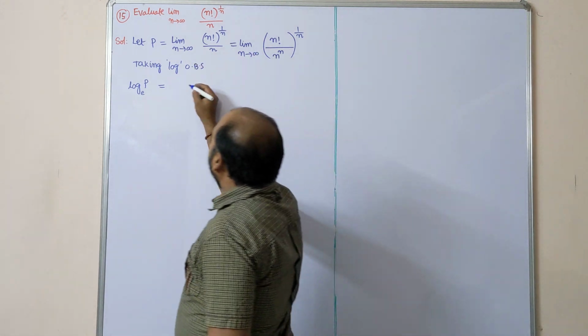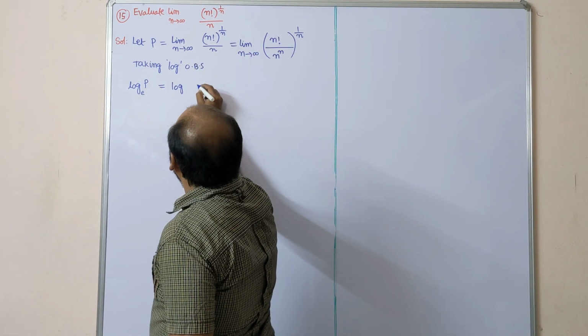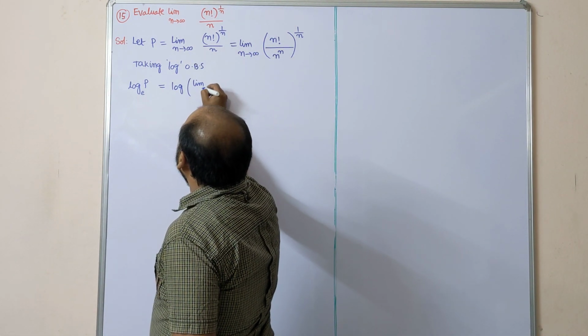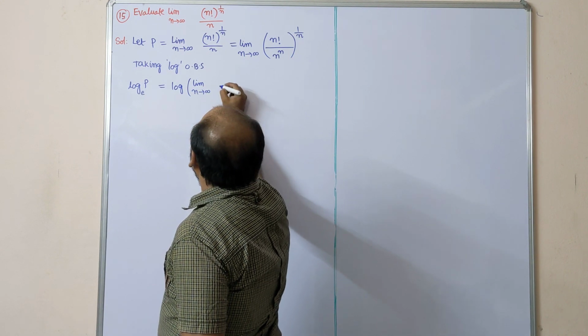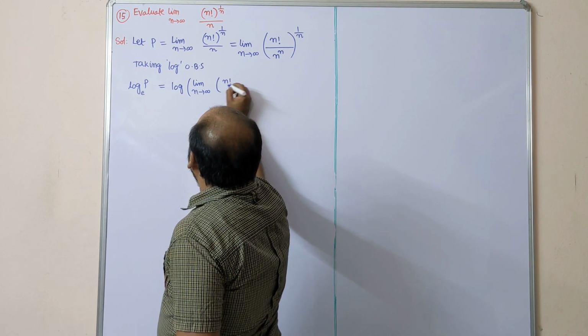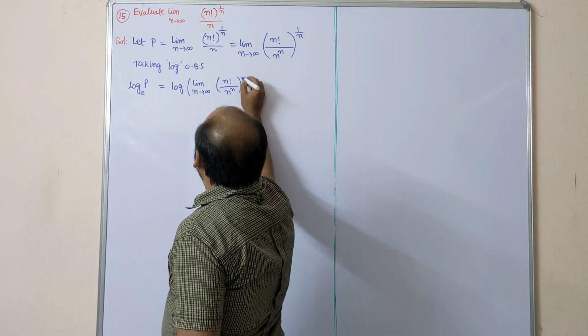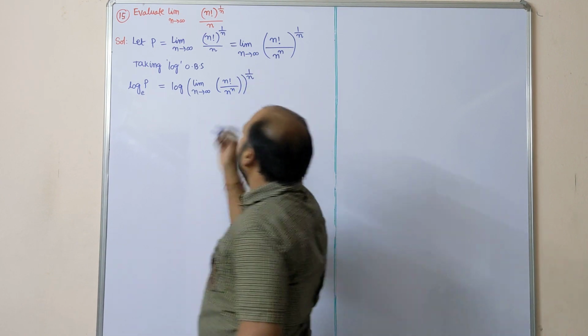So whenever we are taking log of limit n tends to infinity, n factorial by n power n, whole power 1 by n.